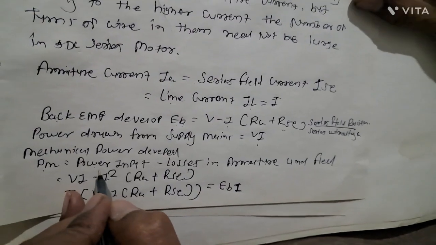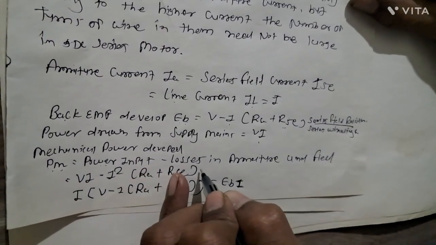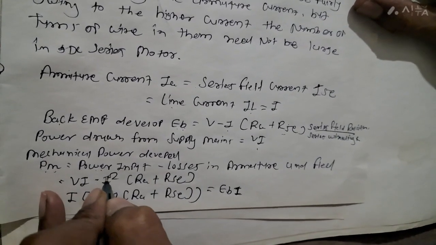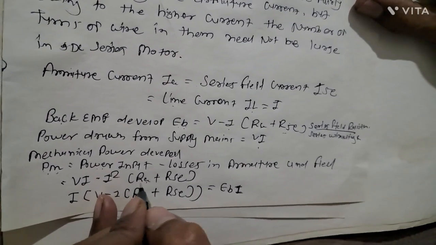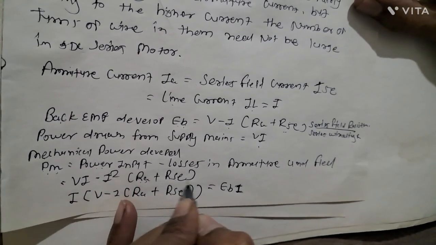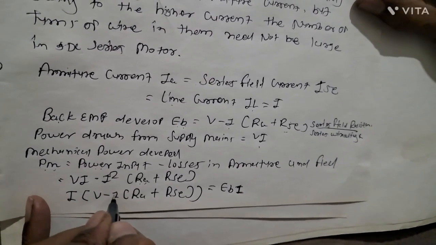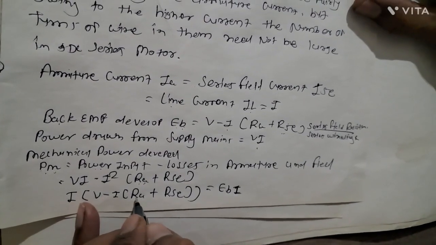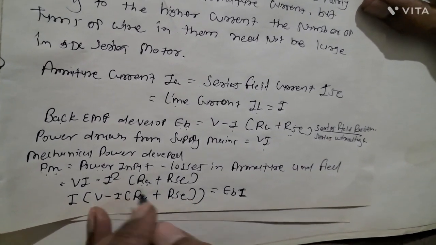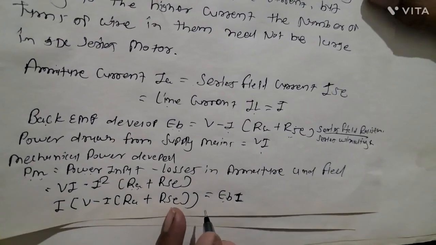Mechanical power is equal to power input minus losses in armature and series field. The equation is VI minus I squared (RA, armature resistance, plus RSE, series field resistance), as I am showing in this video, and it is equal to EBI, back EMF times current.